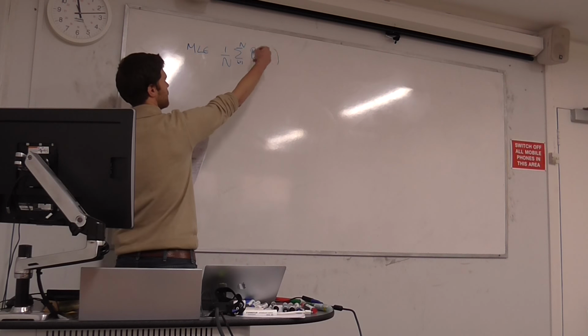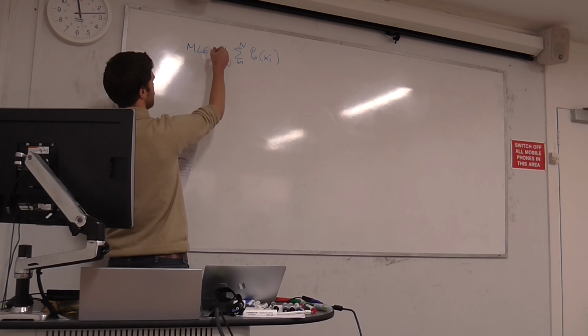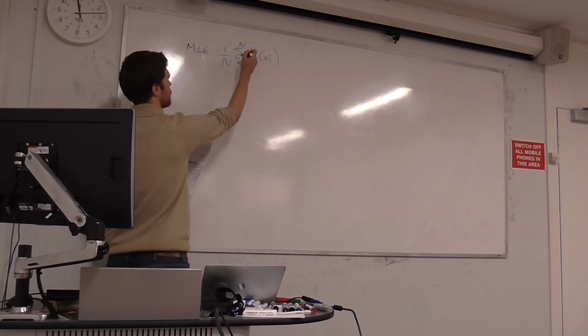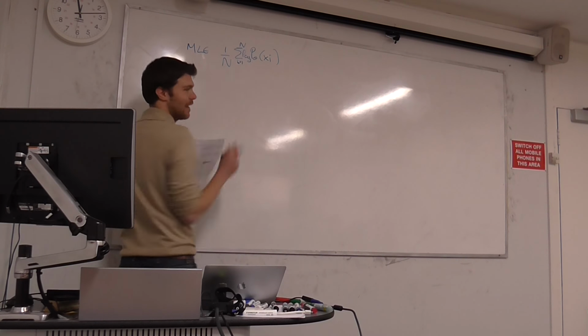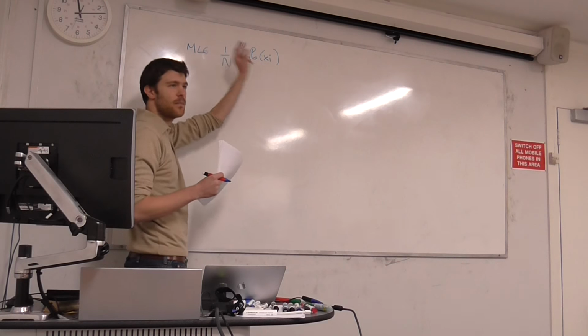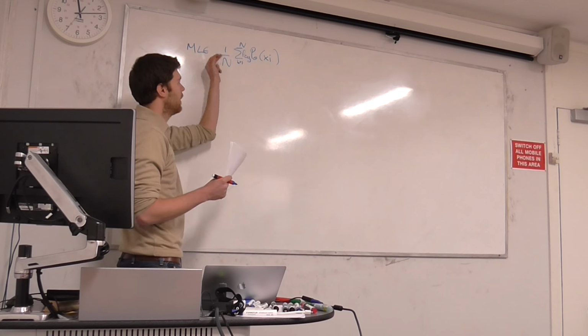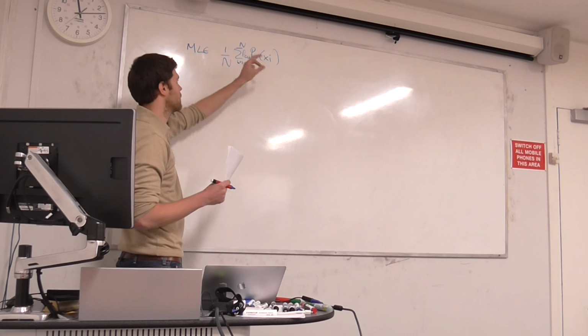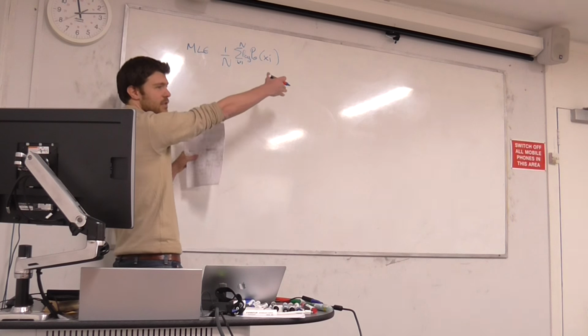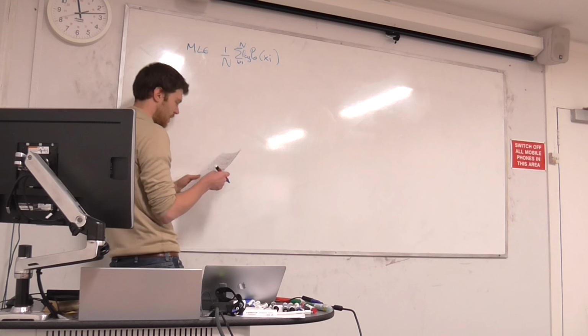This is just a data point, and this would be my maximum likelihood estimate. Oh, sorry, log likelihood. It would be a multiplication if there were independent, identically distributed samples, and then we just take the logarithm, which turns it into a sum. That's how we get the log likelihood.